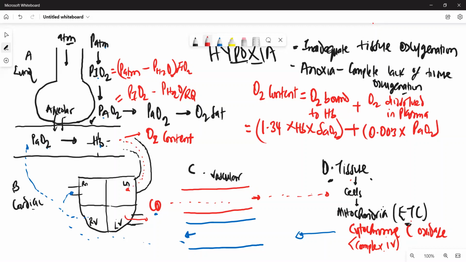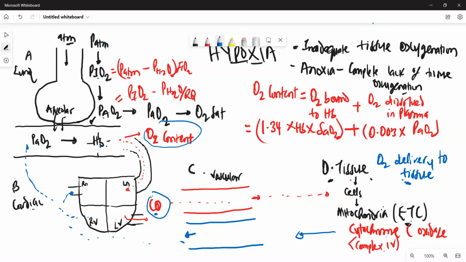So if we want to now calculate the oxygen delivery to the tissue, looking at this diagram, we can see the two main things that will influence the oxygen that's been delivered to the tissue will be the oxygen content, right? And the cardiac output.